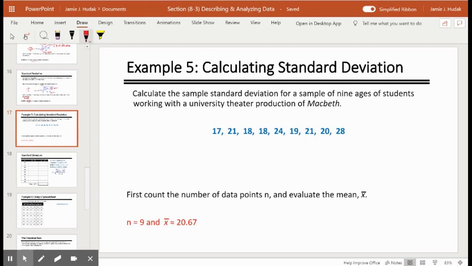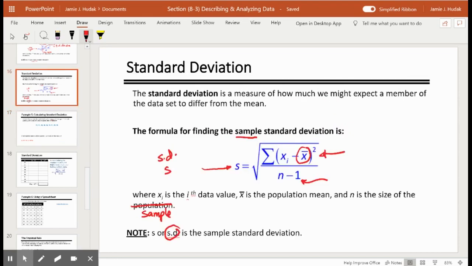So here we're going to calculate the standard deviation. It says, calculate the standard deviation for a sample, there's the key word, of 9 ages of students working with a university theater production of Macbeth. Because it's a sample, we want to use this formula.